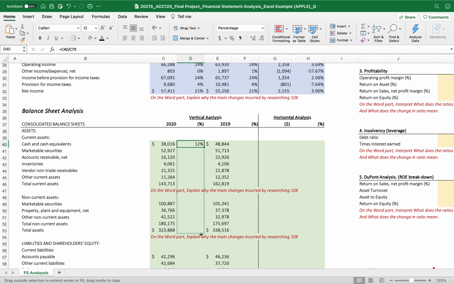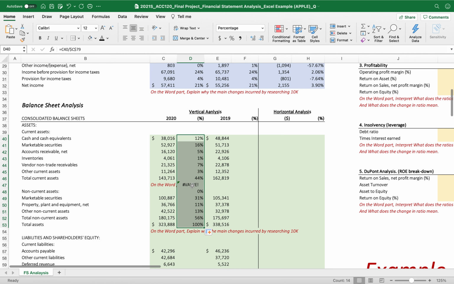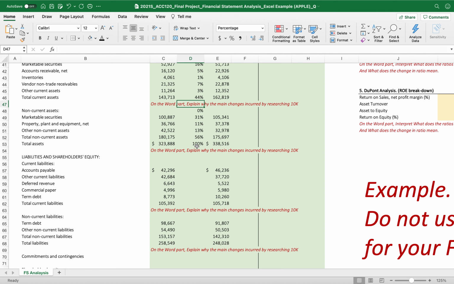And then let me just drag it down. What's that? Oh, I have to fix this one first. And then when you just drag it down, what do you see? Okay, we found each part. Definitely total asset has 100%, right?